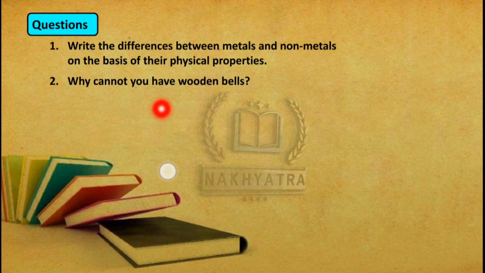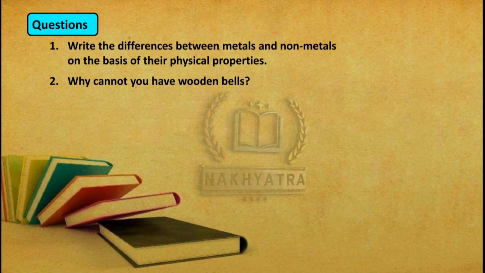Why can we not have wooden bells? Can you now tell me why we cannot use wooden bells? Yes, definitely because of the property of sonority. Wood is a non-metal, and non-metals do not have the property of sonority. This is the reason why we do not have wooden bells. Non-metals make a dull noise when struck with each other or with a hard object.